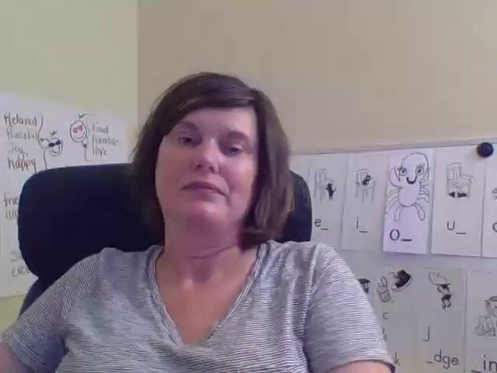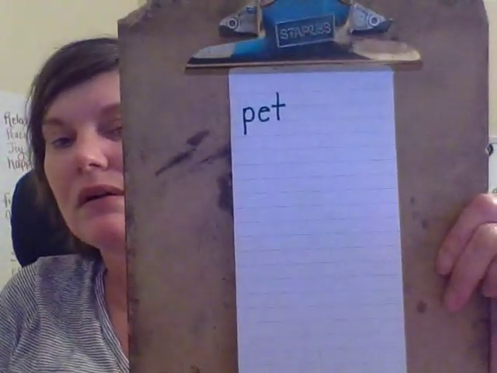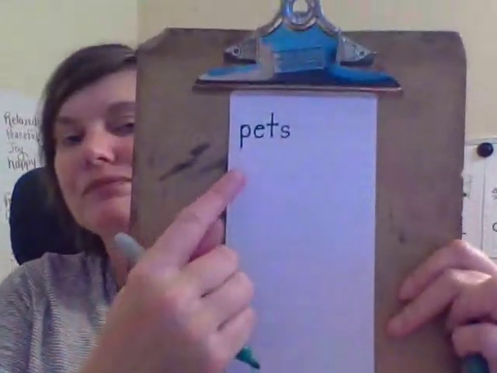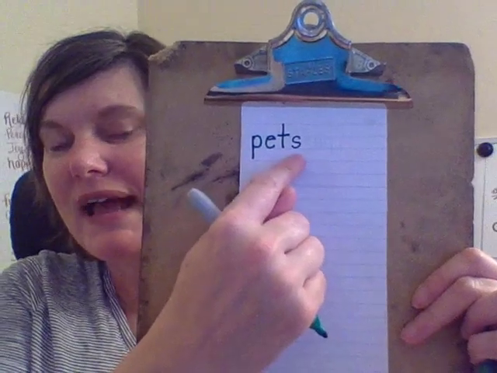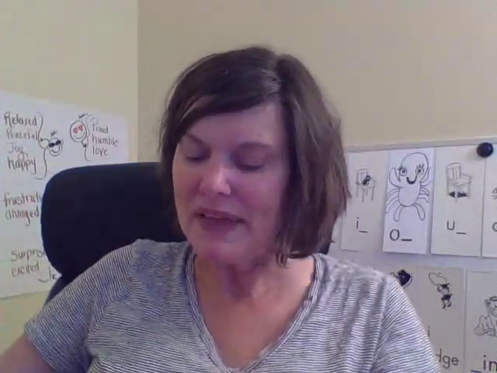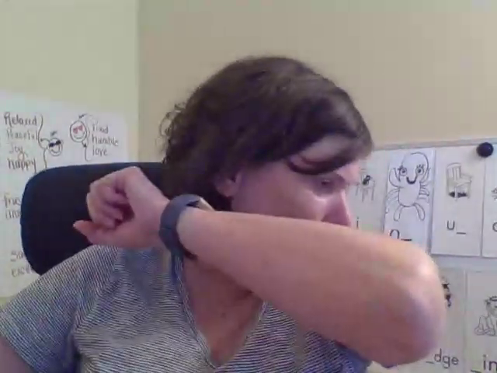I have a pet dog. Actually, I have two. Now let's change it to pets. I have two pets. They're both dogs, so we just needed to add the S ending. Okay? That's a trick when you're spelling, to peel off the suffix and just spell the base word first.